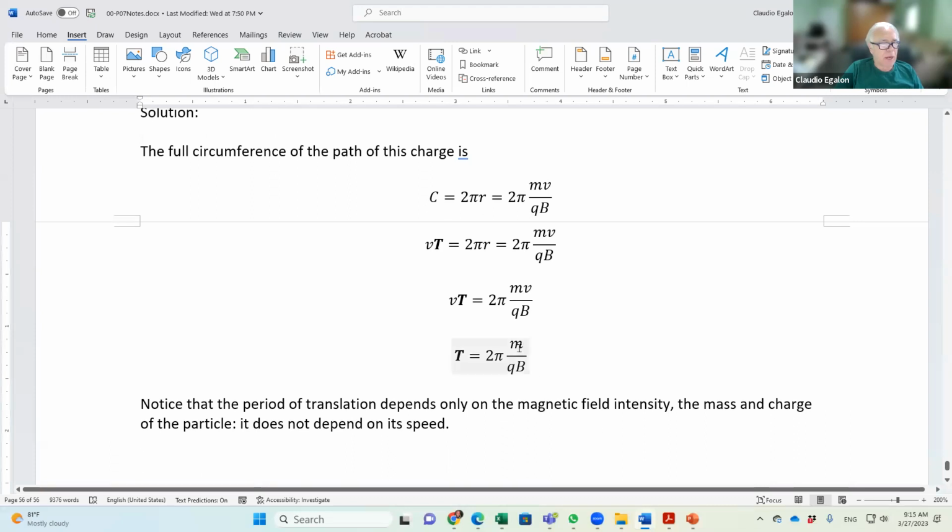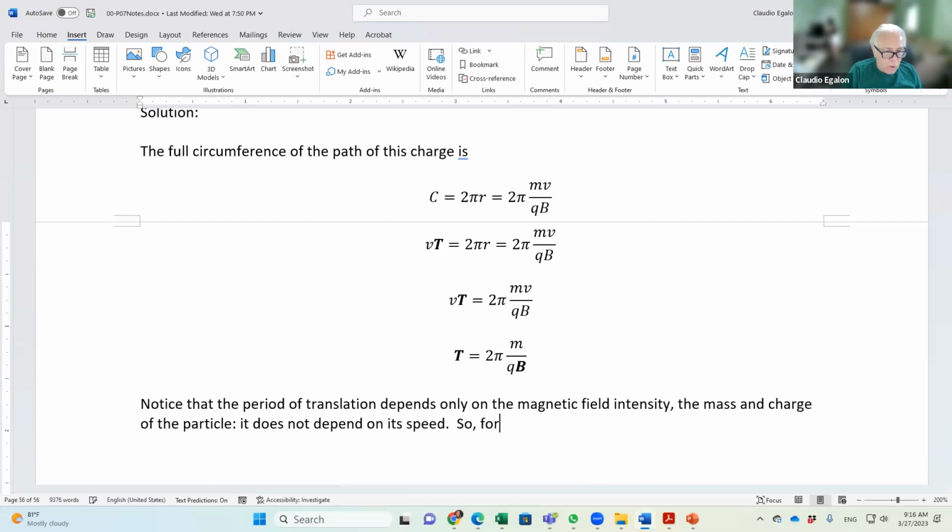So if you want to change the period of rotation, the period of translation of this particle, the only thing you can do, for a given charged particle, is change the magnetic field.